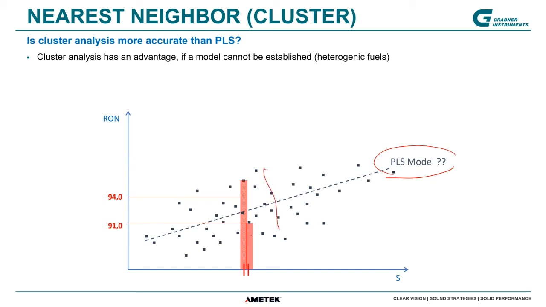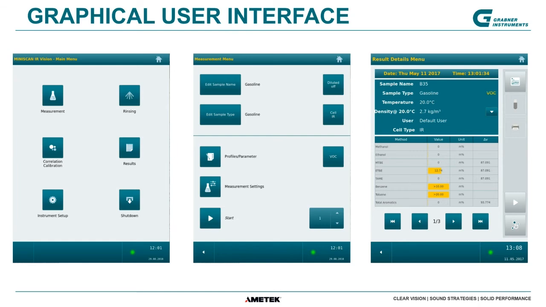Then the cluster analysis can be a little bit more of an advantage. The cluster analysis is designed so that, for example, if you have in the vicinity of a certain result 2 or more fitting, it takes the average as a result, as shown here. So this is showing you the 5 different methods that are used by our instruments.